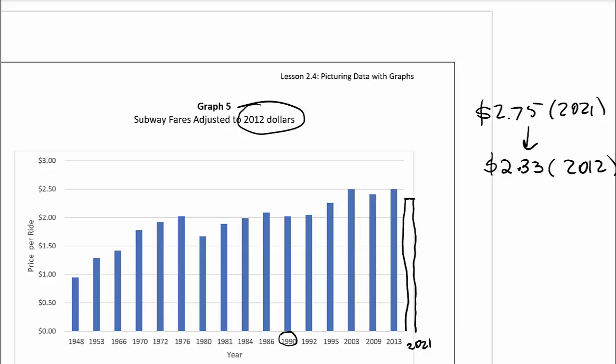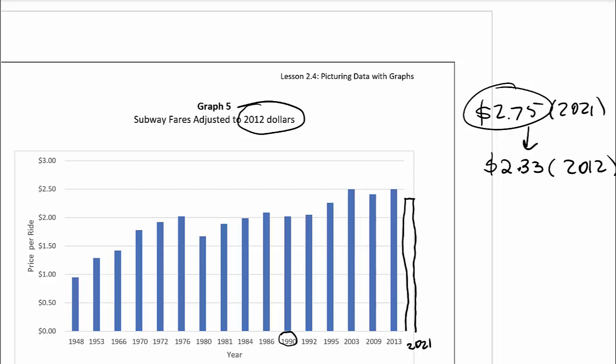All right, so things are becoming more and more expensive. But if, for example, the subway ride stays the same, then in a way it becomes cheaper because inflation goes up. All right, relative to everything else, $2.75 is now $2.33 in the 2012 dollars.